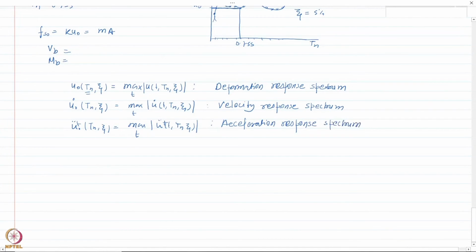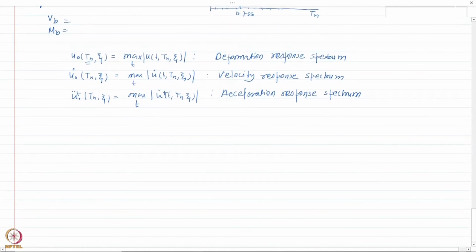These three response spectra are of interest to us, and given them, I can go ahead and find out the response.